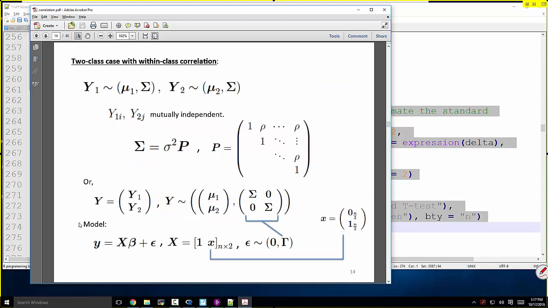Okay, this is a mathematical representation of the two-class problem where there is positive within-class correlation. I'm not going to go through this in detail, but this basically summarizes one of those simulations that we did, the second one that we did, where we had two classes, treatment and control, and there was positive within-class correlation.